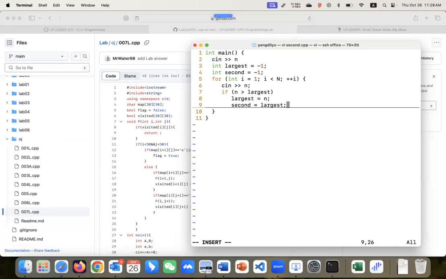I forgot about the brace. How do we switch the two lines? Right now they're both pointing to the same. We need to first do second equal largest and then largest. Oh, yes, that's correct.